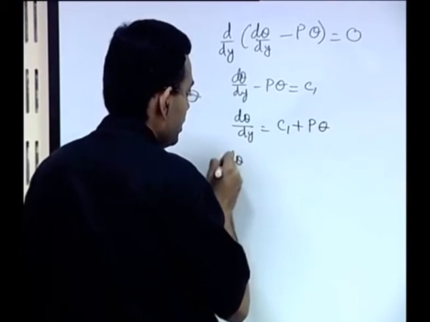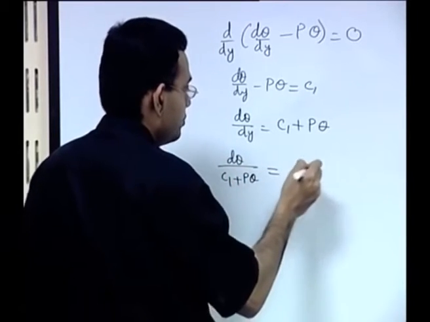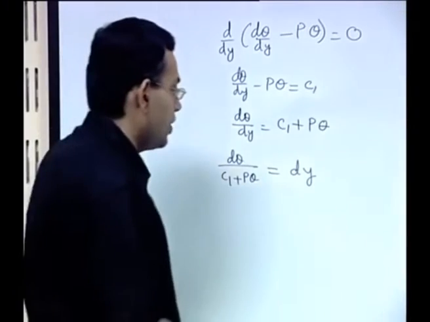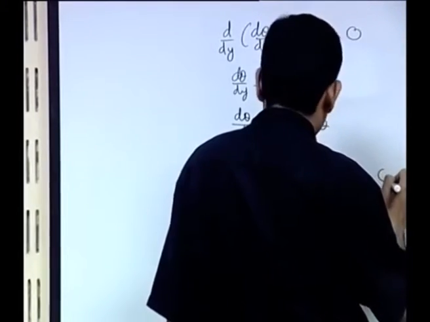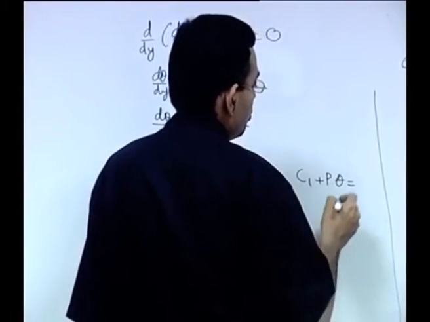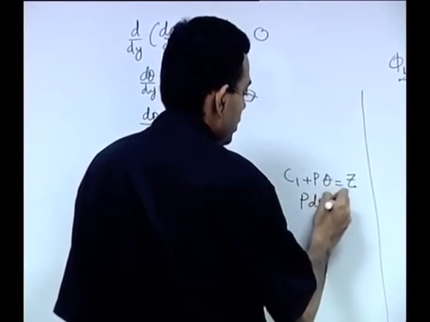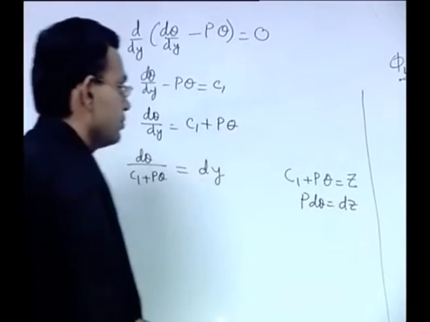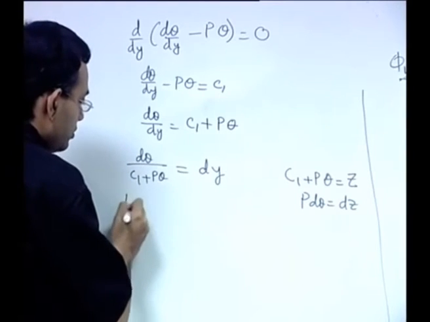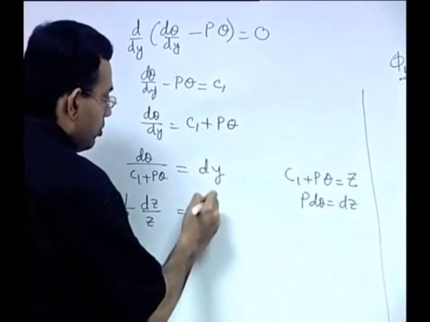So, d theta by (C1 plus P theta) is equal to dy. So, you can make a change of variable: C1 plus P theta equal to say z. So, P d theta equal to dz. So, 1 by P dz by z is equal to dy.